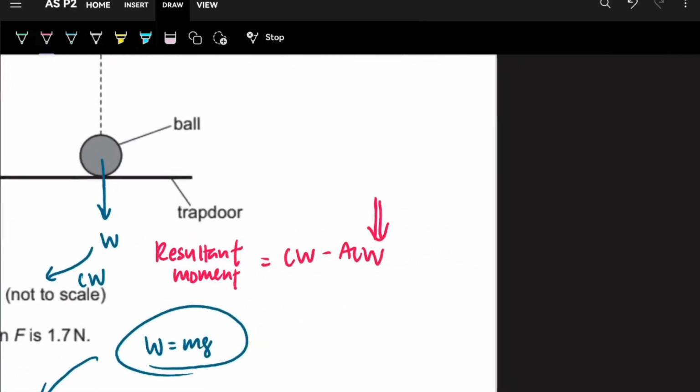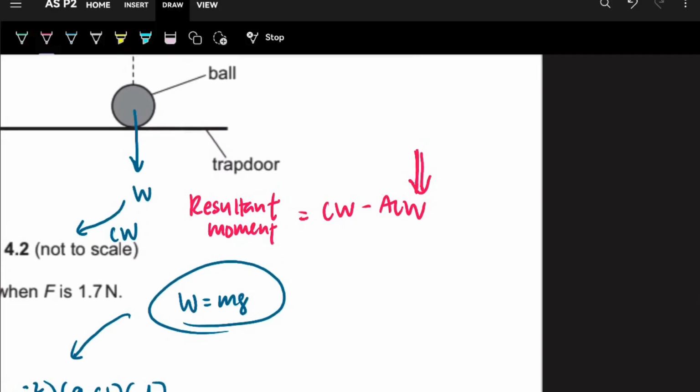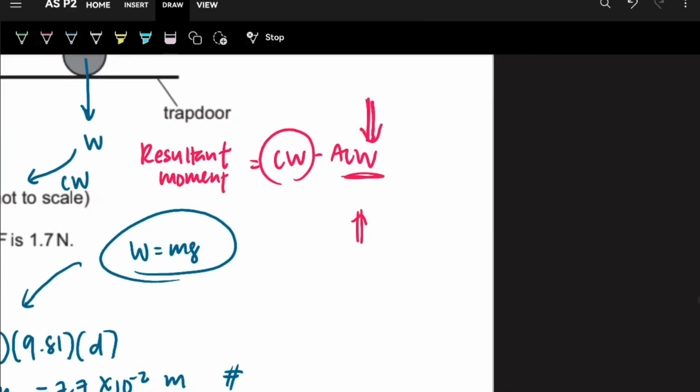So when this moment is decreasing, that means a value minus a smaller value. What will happen? You will get a larger value, right? So it's more positive. And we have set clockwise to be positive, anti-clockwise negative. Therefore, your answer is clockwise.